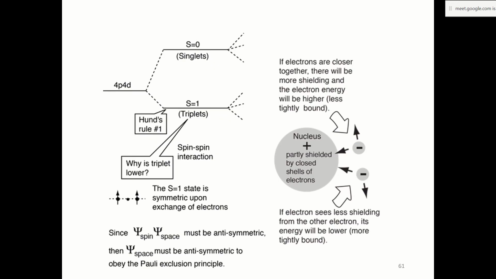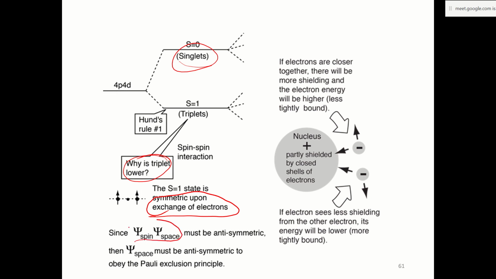So if you treat it one by one like that, the triplet state is lower in energy as compared to the singlet. Because we have spin-spin interaction, that is parallel spins, there will be exchange interaction, and it is the exchange interaction that is lowering the energy.